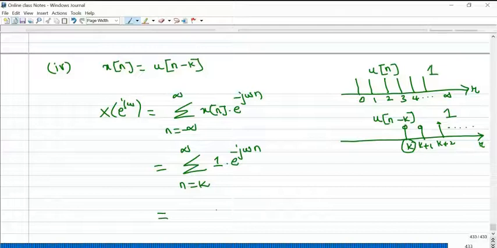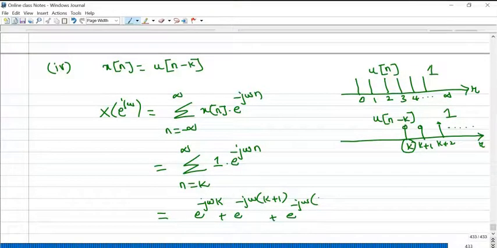So how to solve this kind of equation? Try to expand it. Substitute n equal to k first: e power minus j omega k, plus substitute n equal to k plus 1: e power minus j omega (k plus 1), plus e power minus j omega (k plus 2), plus e power minus j omega (k plus 3) and so on.